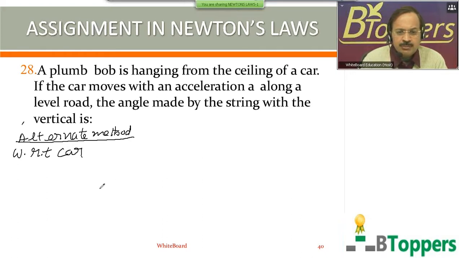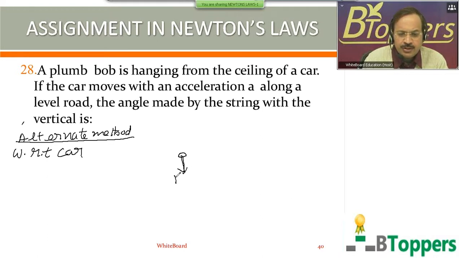So when you analyze the motion of the bob with respect to the accelerated frame of reference or non-inertial frame of reference, in addition to the real forces acting on the bob, we have to consider the pseudo force. Again, I draw the free body diagram for the bob.